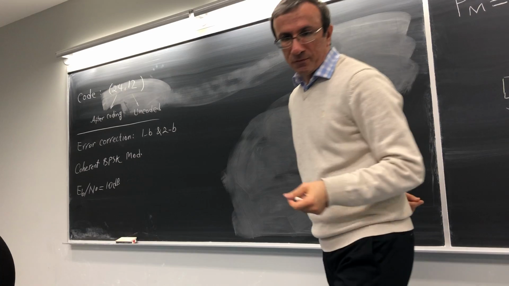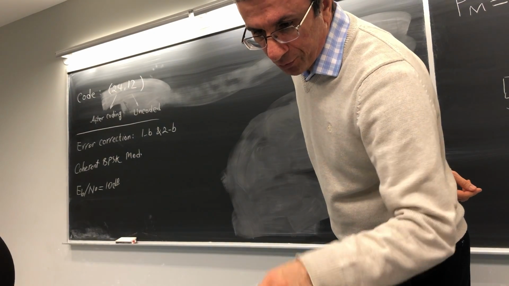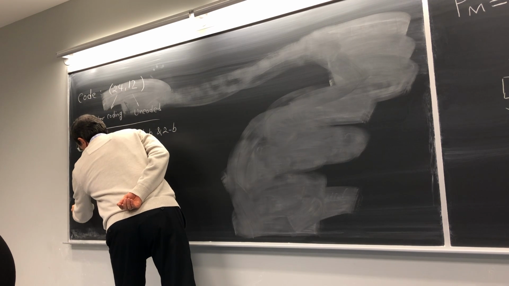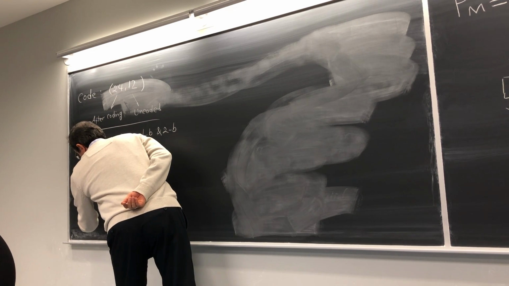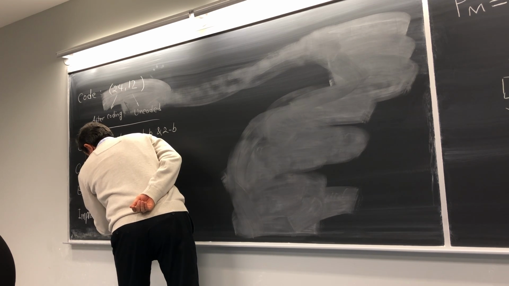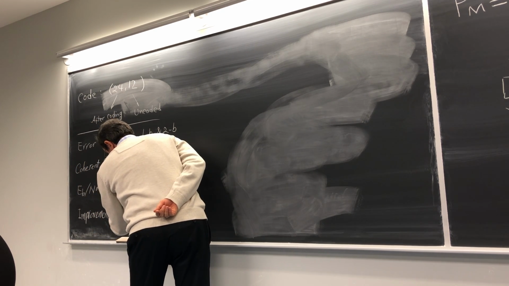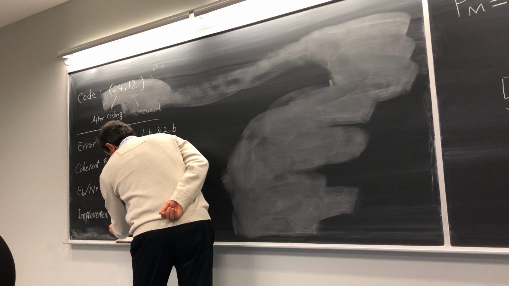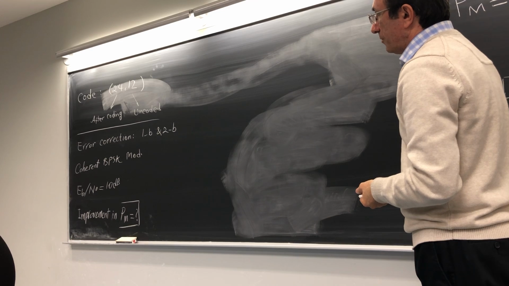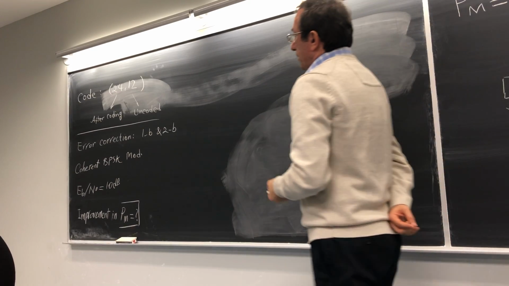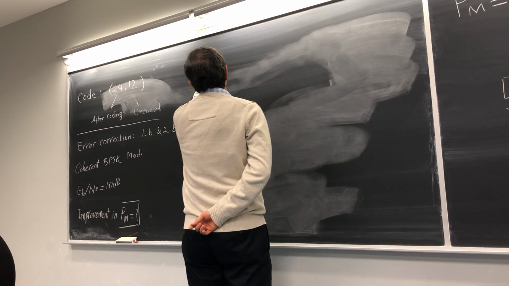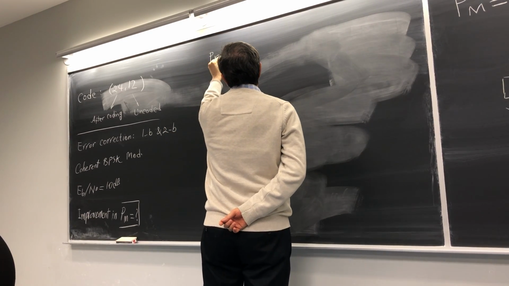So performance improvement is improvement in probability of message error. This is what we are asked to figure out, how much it is, right? So first, we have to find the probability of a bit error.